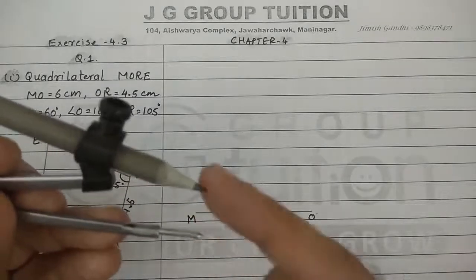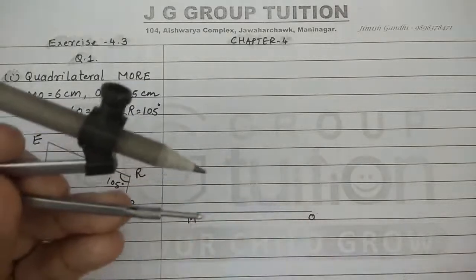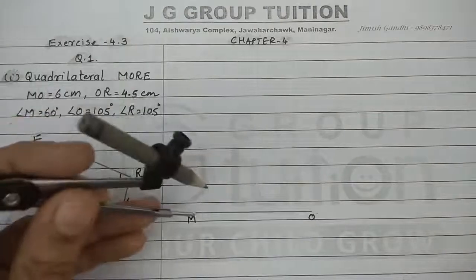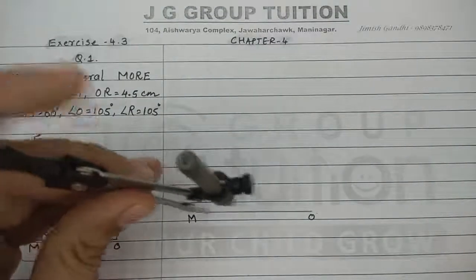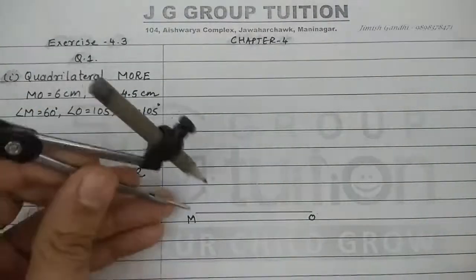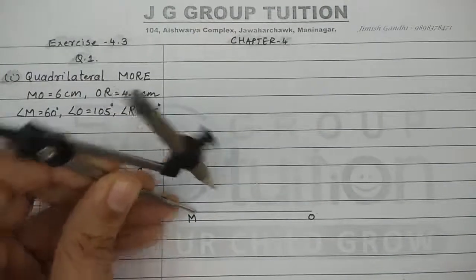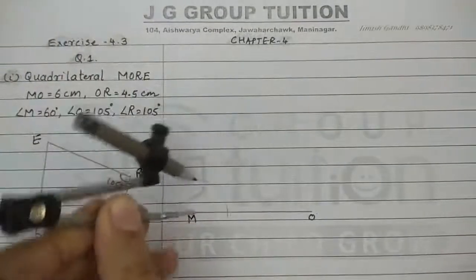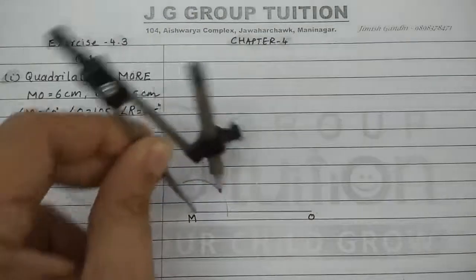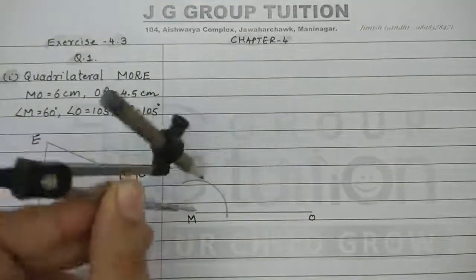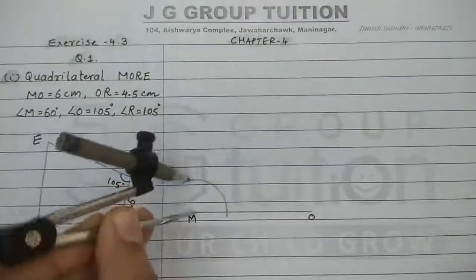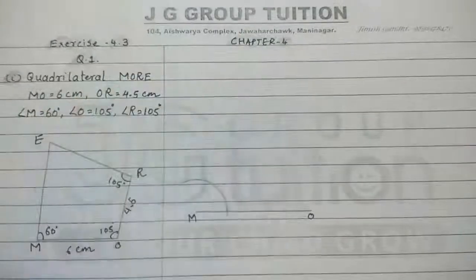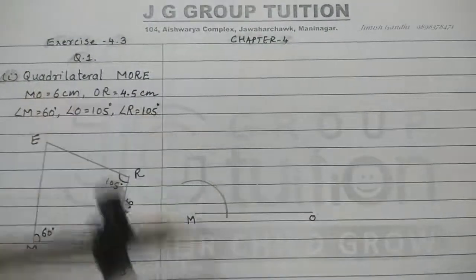It is any arbitrary radius, meaning I have taken a radius of any measure. From point M, we should construct an arc. You can draw the semicircle also, but we know 60 degree is an acute angle, so no need to go for the semicircle.